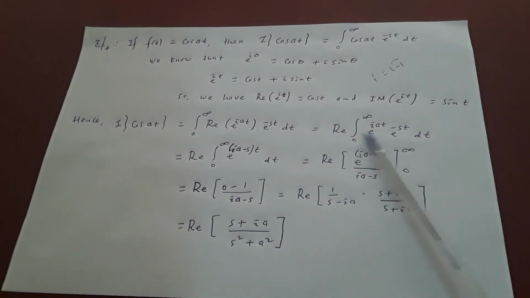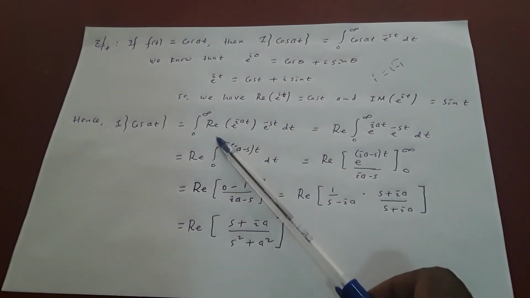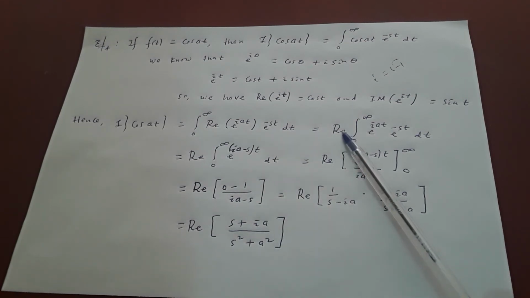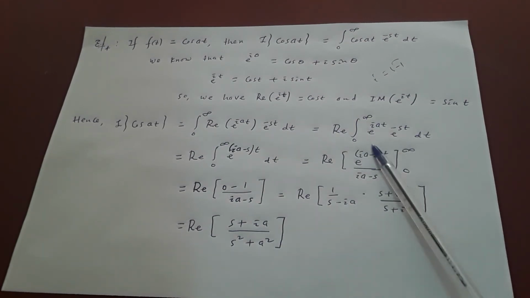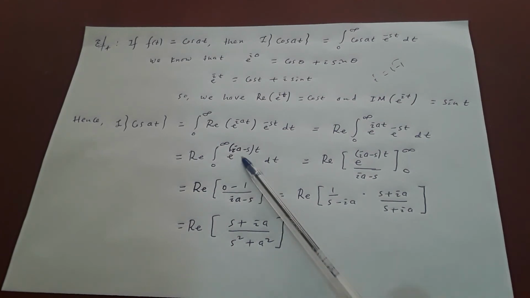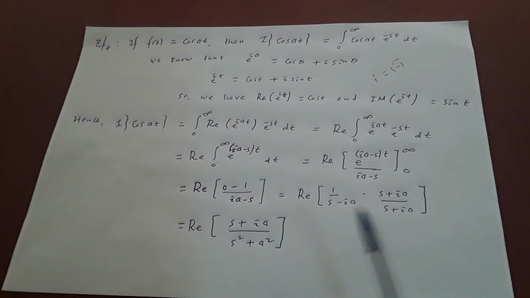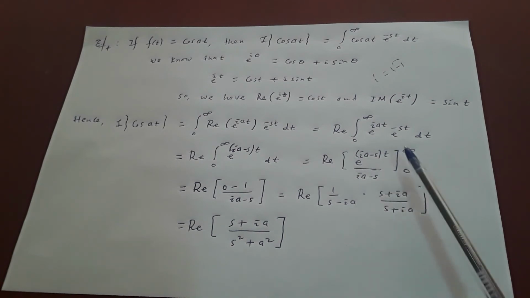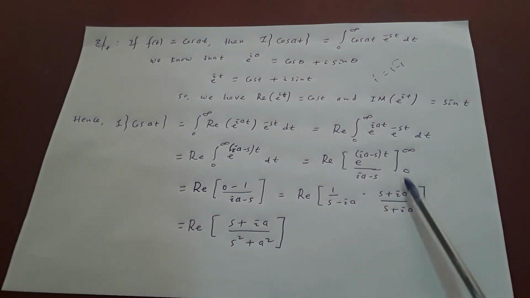We can move out the real part, and the integration is from 0 up to infinity. Again, we have the same base, so the exponents should be summed. So we have e^((ia-s)t) dt. Again, we can compute using the substitution technique, letting ia minus s be the variable, so that you gain this form, then you assign specific values at infinity and at 0.